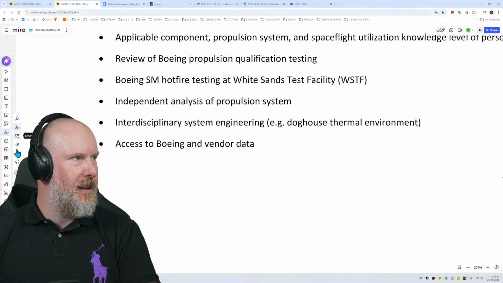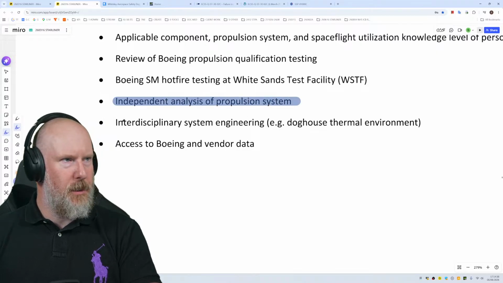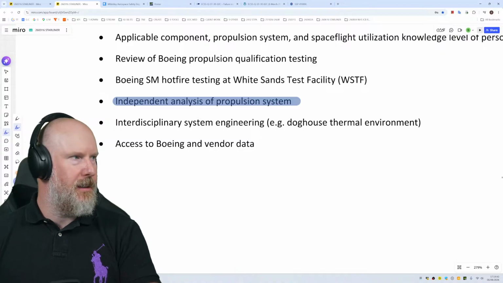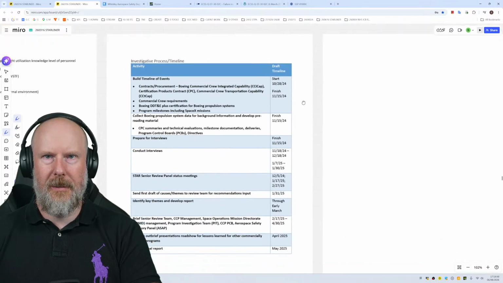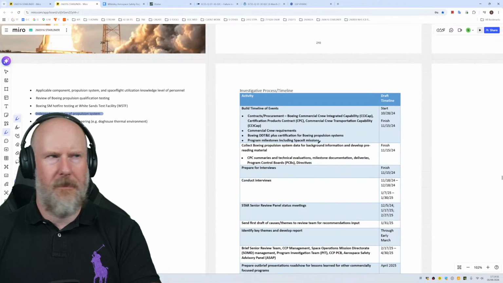That's interesting. Interdisciplinary system engineering, access to Boeing and vendor data. Right, okay, that's fantastic. So what does this say then?